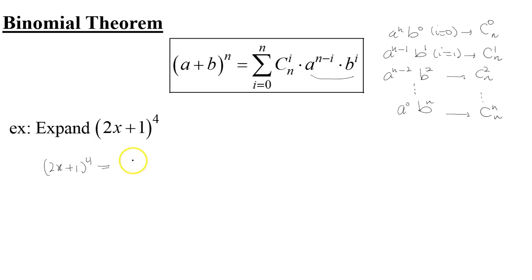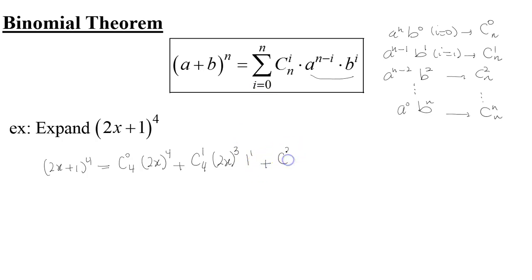So we need to start with the combination of 0 out of 4, because 4 is the exponent we're working with here. And so that's the combination of 0 out of 4 times a, which is 2x to the 4, plus the combination of 1 out of 4 times a with its exponent decreased by 1 and b with its exponent increased by 1. However, b here is 1, so all the powers of b are equal to 1.